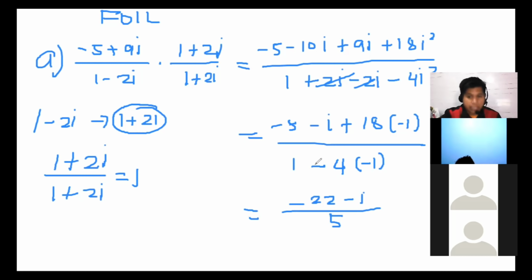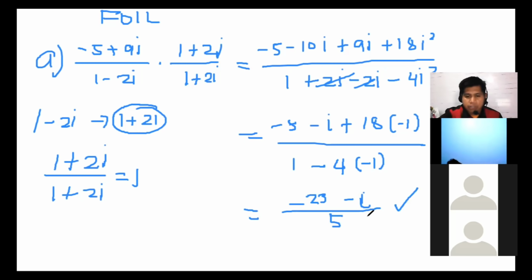Okay. Sorry. This should have been 23, not 22. Right? By the way, children, negative 5 minus 18 or negative 18 minus 5, that is negative 23. Alright? Yes. Okay, so sometimes, children, you have to make sure of your addition because we have the same negative sign, which means you're going to add them now and just copy their sign, which is negative. So you have your negative 23 minus i over 5.